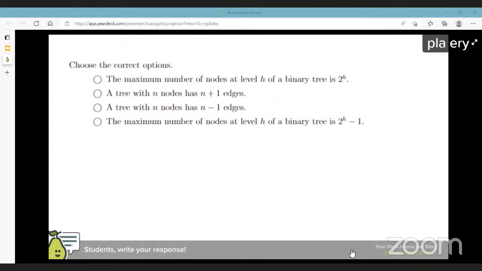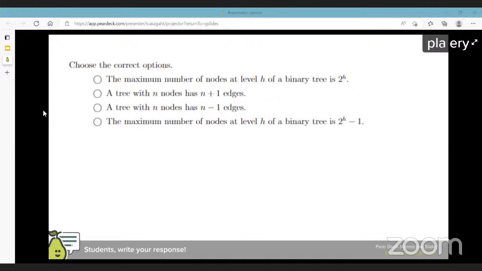Basically we take edges. Edges are those which connect two nodes. So let's take an example of two levels. At level zero there is one node, at first level there are two nodes, and at second level there are four nodes.